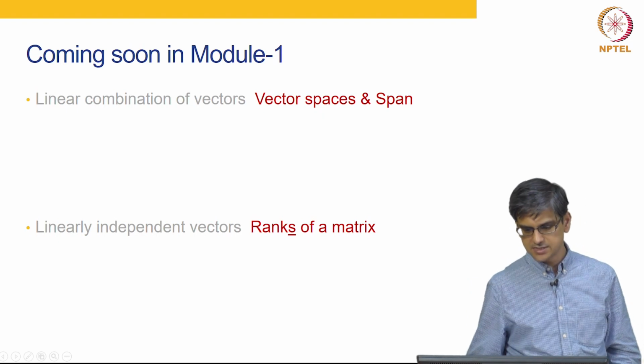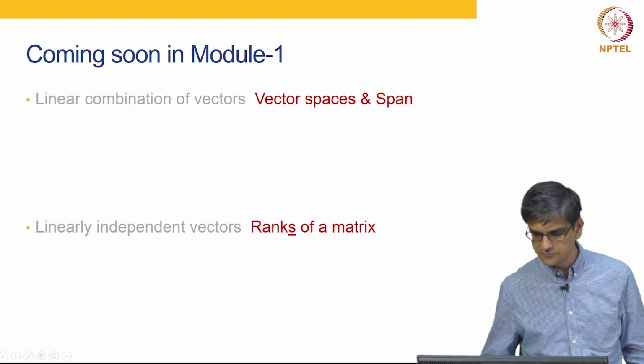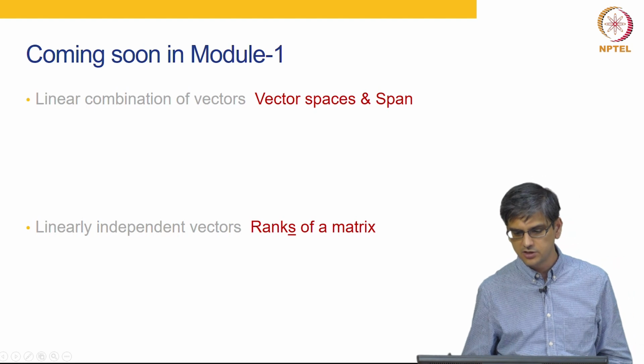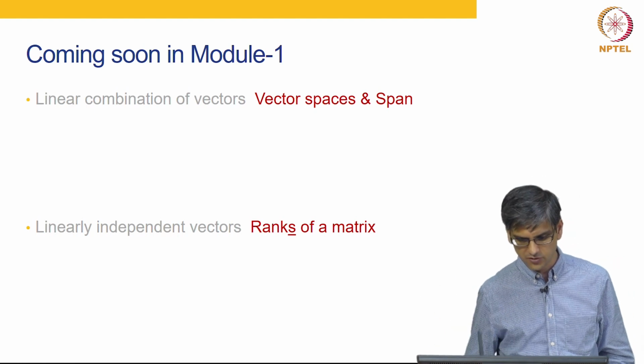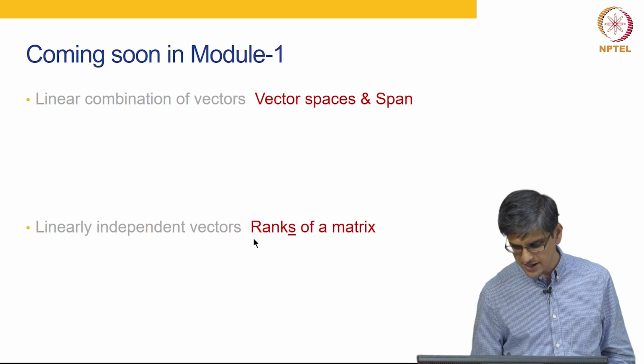Before we talk about the vector spaces and span of vectors, which one of you already happened to mention a few minutes back, let us talk about the rank of a matrix.